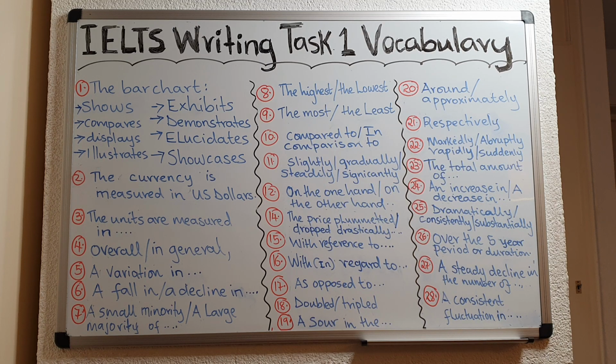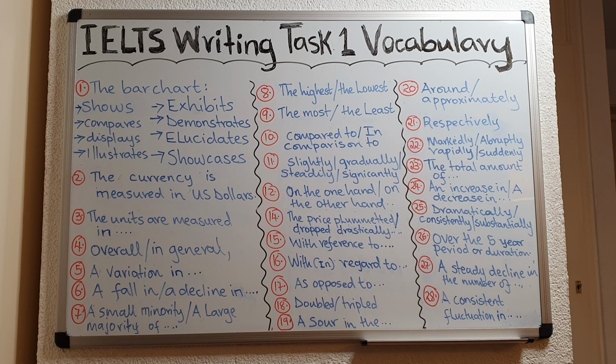Okay, now number 14, the price plummeted. The price plummeted, or the price dropped drastically. Now, to plummet, it means to drop. Okay, if you're aiming for band 9, then you should write plummeted. Plummeted really means dropped. To plummet is to drop. Okay, to drop is to go down. And drastically means significantly.